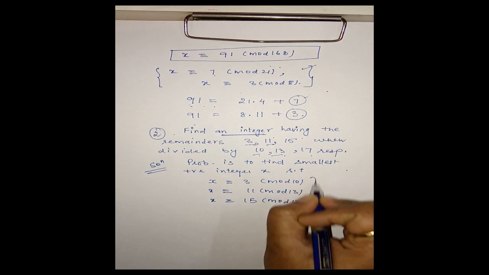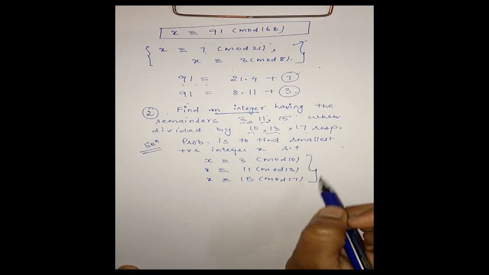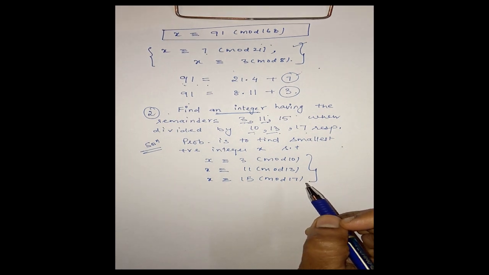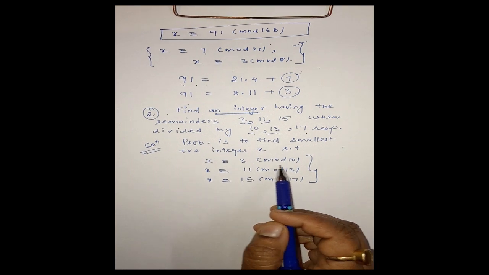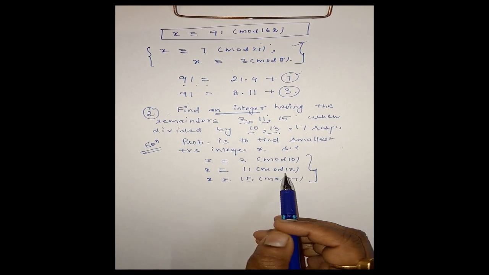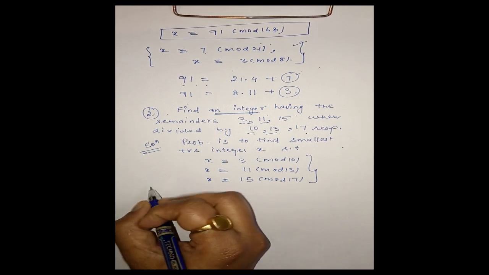Clear? Now we have to find the simultaneous solution of these system of congruences, these three system of congruences. Okay, now comparing this with x is congruent to a1 modulo n1, x congruent to a2 modulo n2, x congruent to a3 modulo n3.